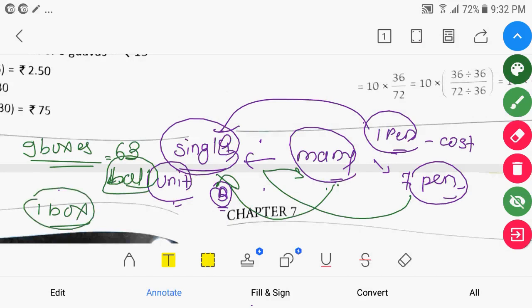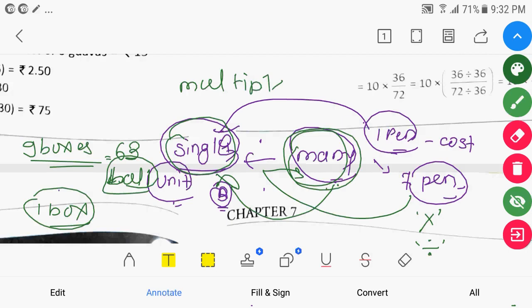So here in this chapter, to find many things from a single thing, or from many things to a single thing, we have to do two main operations, either multiplication or division. When we find many from single, we'll do multiplication, and when we go from many to single, we'll do division.